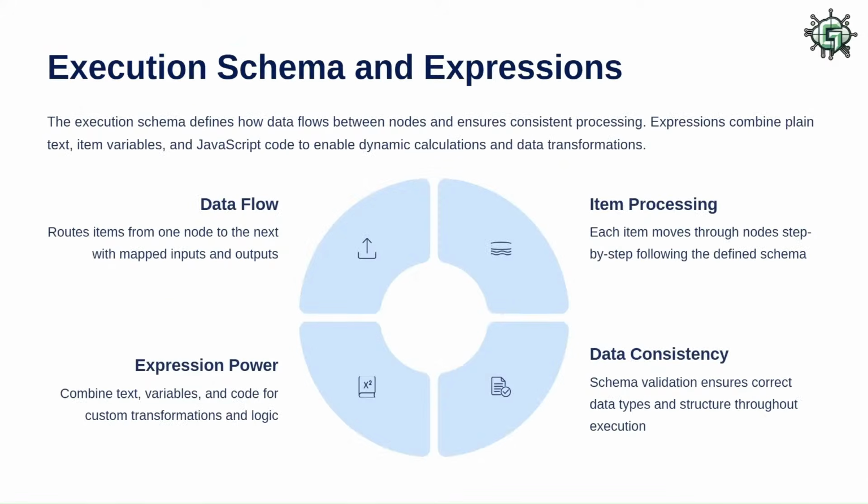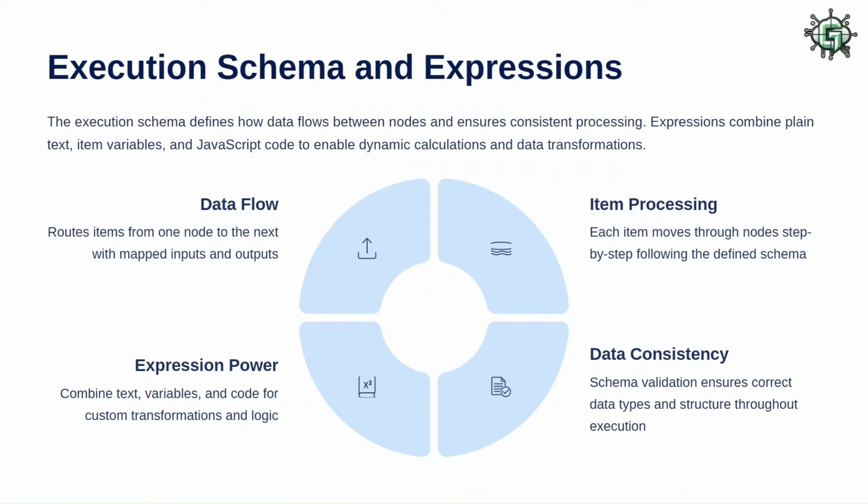Execution schema and expressions. Finally, we saw that nodes follow an execution schema. We see how data will follow the execution process. First, items move from node to node, that is data flow. Next is item processing.